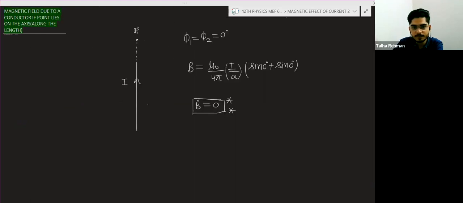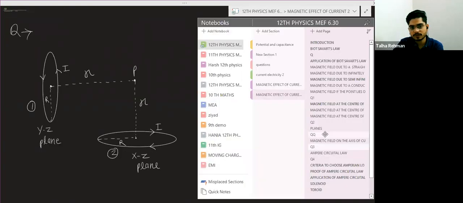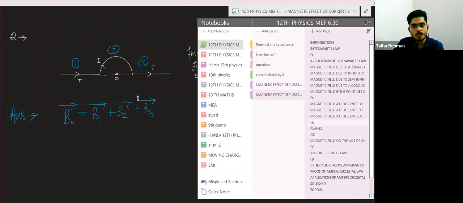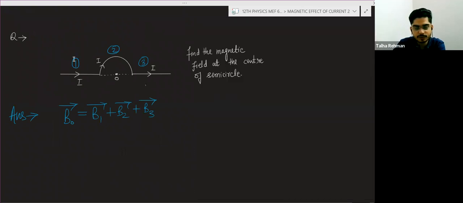Whenever the point where you have to find the magnetic field is lying along the length of the wire, at that point, due to the wire, the magnetic field is 0. So in this question, the magnetic field due to wire 1 and wire 3 is equal to 0. B1 is equal to B3 is equal to 0.